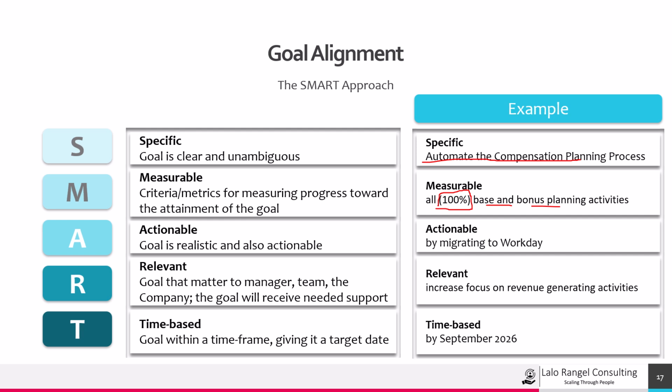It's actionable because it's going to migrate from spreadsheets and emails to Workday. It's relevant, meaning that it is important for the business because it's going to increase the focus on revenue generating activities. And it's time-based because the completion date should be by September of that year.